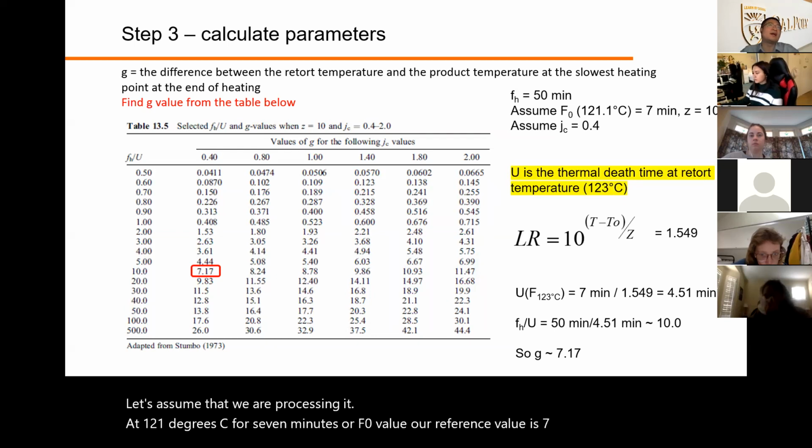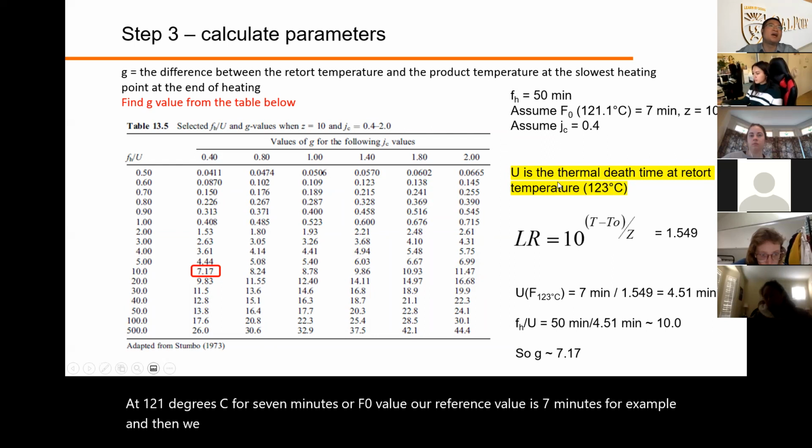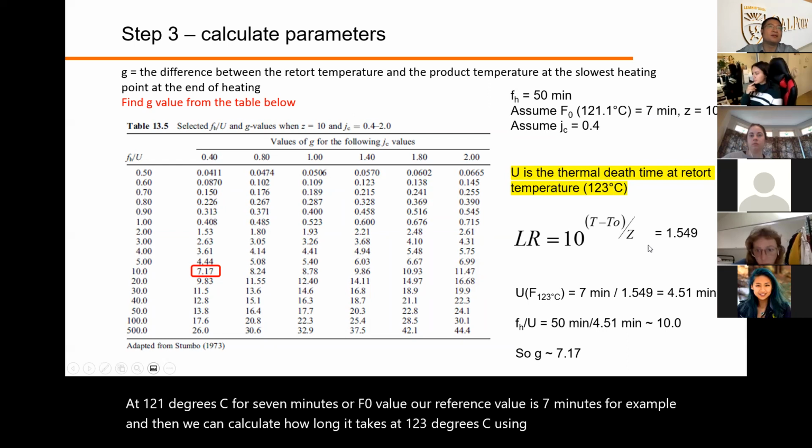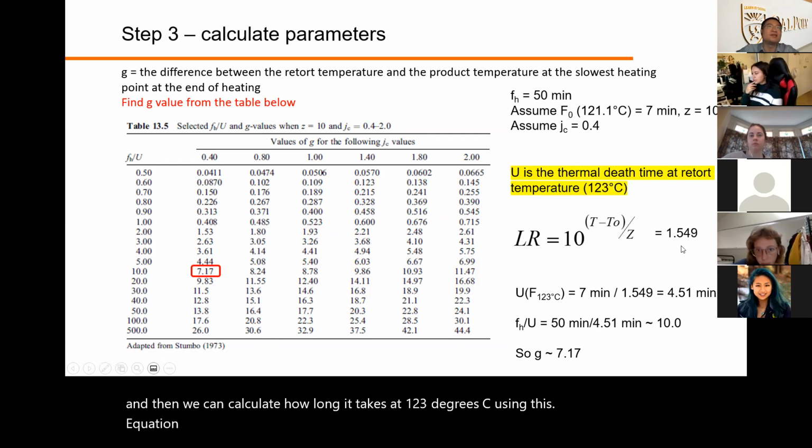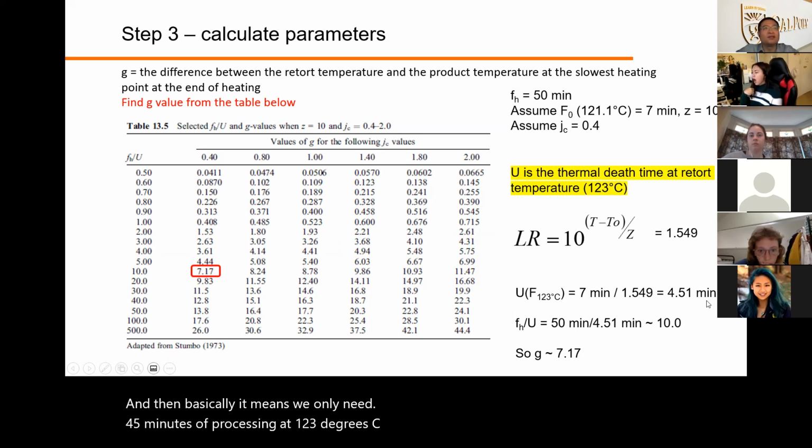Then we can calculate how long it takes at 123 degrees C using this equation, because at 123 degrees C, the killing power is 1.5 times greater than at 121 degrees C. It means we only need 4.5 minutes of processing at 123 degrees C to be equivalent to 7 minutes at 121 degrees C.